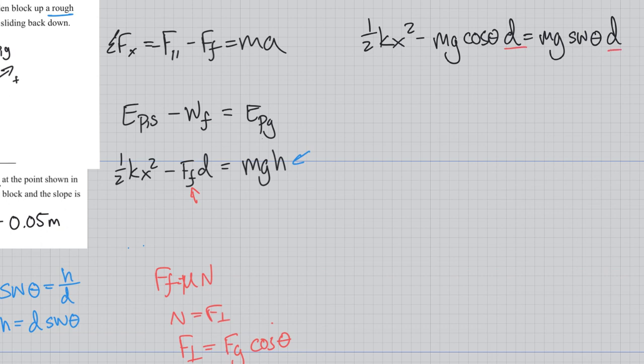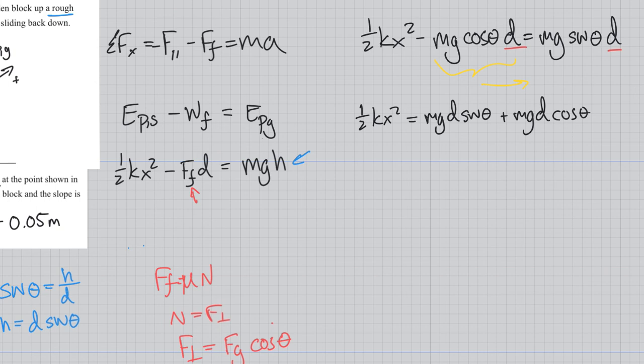Get d on one side and find what that is. So what I'm going to do is add this section over to the other side. And we would get 1/2 kx squared, and we'll talk about why this makes sense, equals mg d sine theta plus mg d cosine theta.